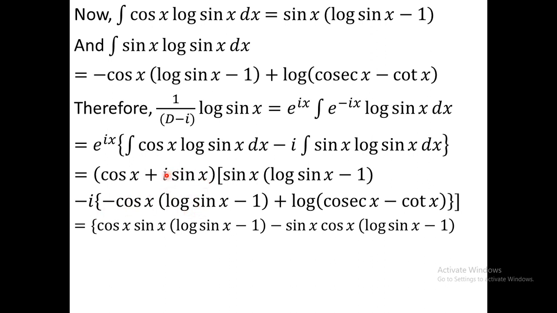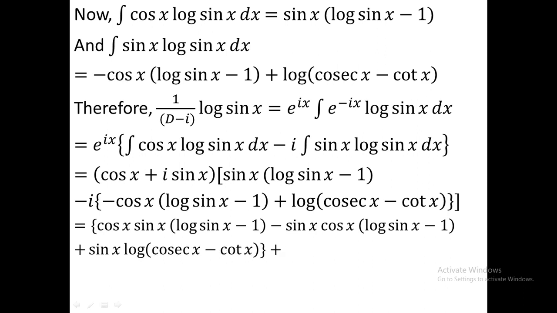Therefore this will be i into minus i, that is minus i square, that is plus 1. Here sin x into minus cos x log x, that is minus sin x cos x log of sin x minus 1, and sin x into that is plus sin x log of cosec x minus cot x.